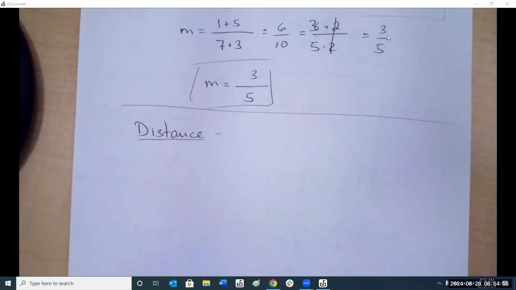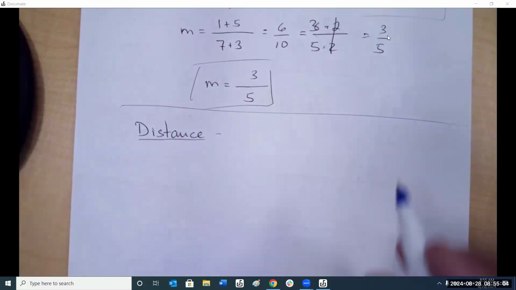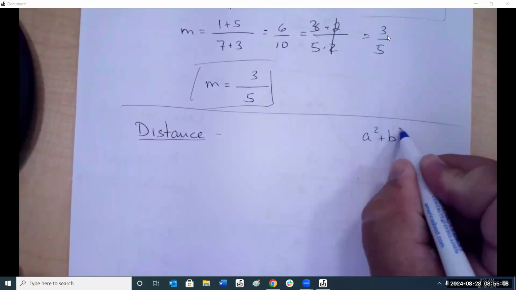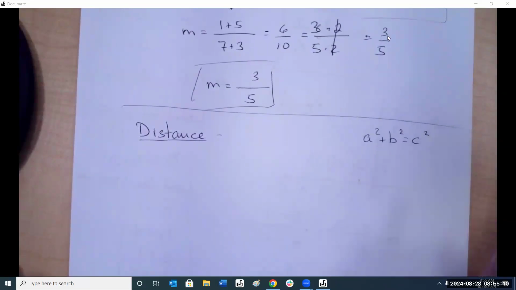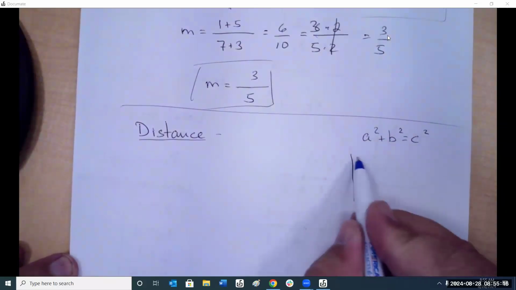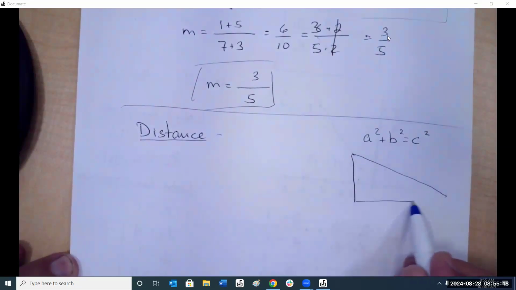Do you know any formula that deals with distance? Have you ever heard of this one? That is a distance formula. If you think about it, you've seen it before.